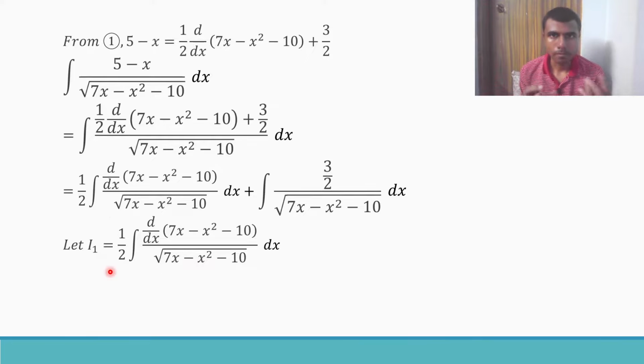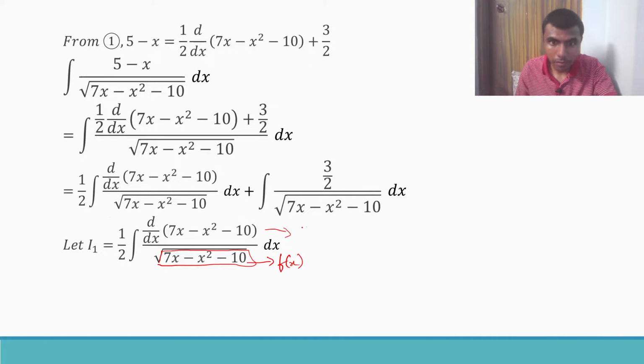Now if you observe carefully, this is in some form. Which form? Integral of a derivative. In the denominator I have root of 7x minus x square minus 10. If I take the term inside the root as f of x, here I have d by dx of that.